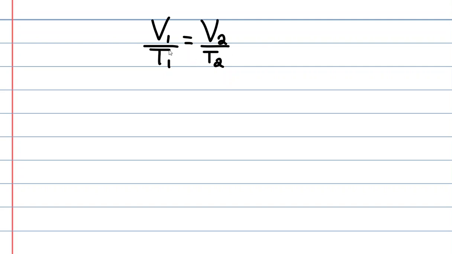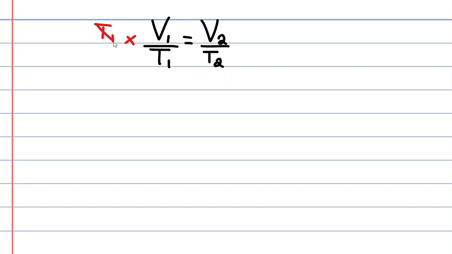So we want to get rid of our denominators. Let's get rid of T1. We don't want T1 in the bottom of this term on the left-hand side here. So we're going to multiply by T1 on the left-hand side. Whenever you multiply by something, it's by default in the top of a fraction.